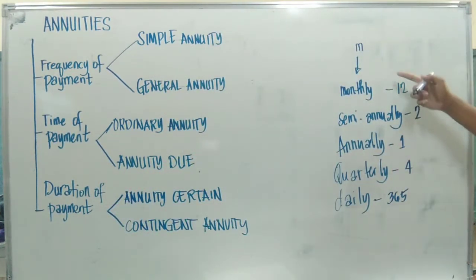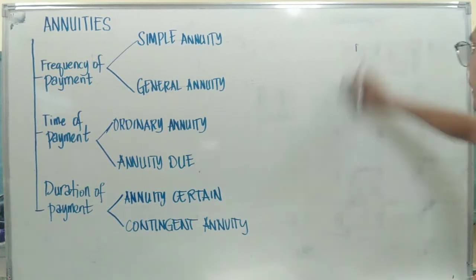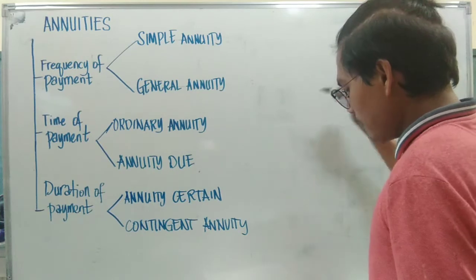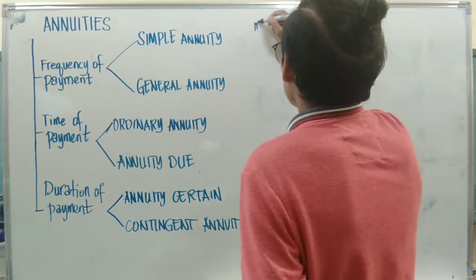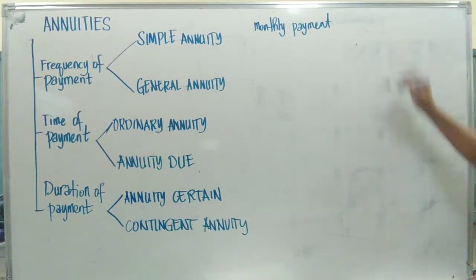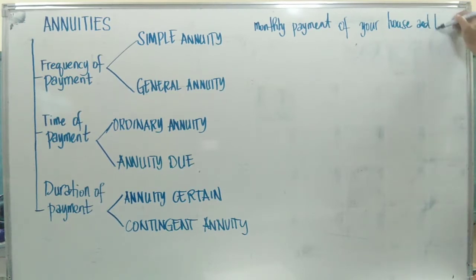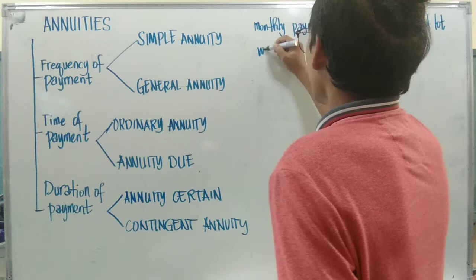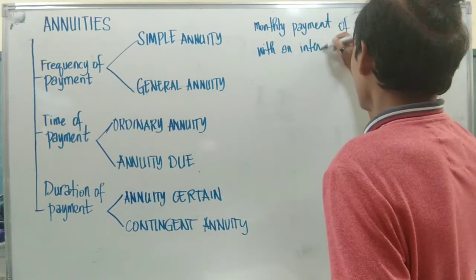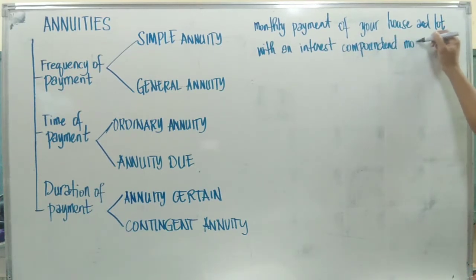So we are comparing the compounding frequency and the frequency of payment. I will erase this one and give you an example for you to familiarize with this. Example, we have a monthly payment of your house and lot with an interest compounded monthly.